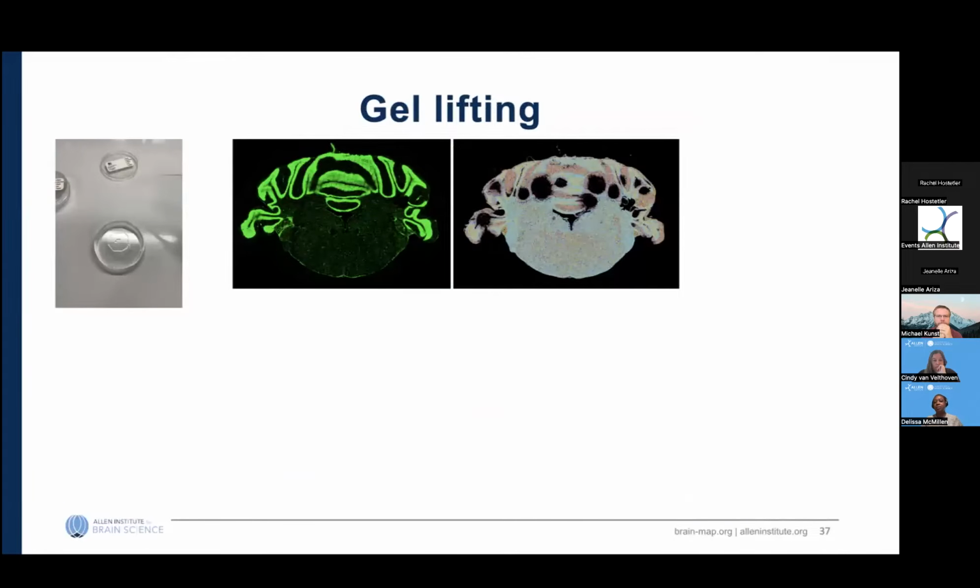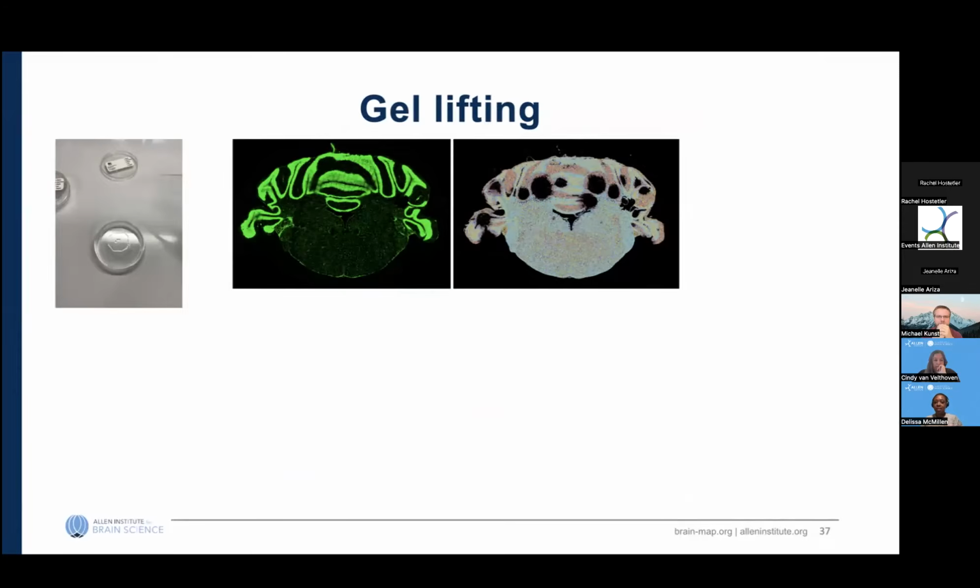So one of the problems that we had seen was this gel lifting. And so basically when we would look at the actual gel before we image, we would see these small bubbles. And these bubbles would then lead to missing areas of transcripts on the imaging.